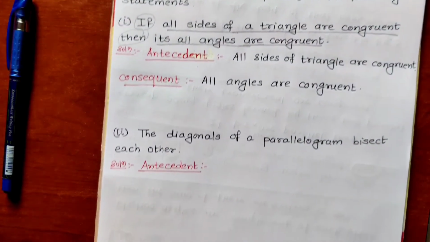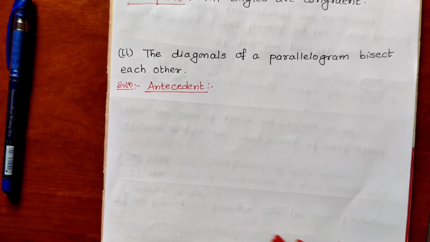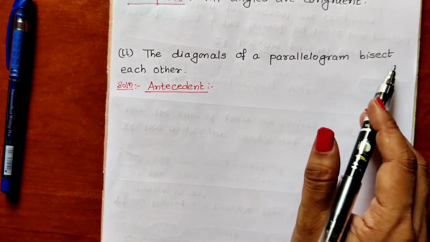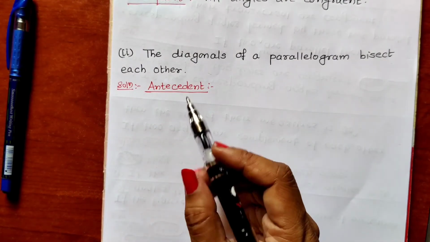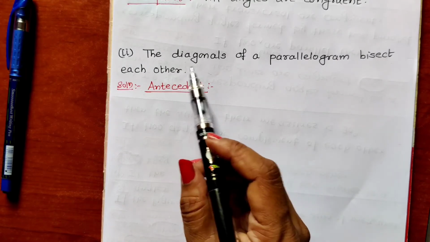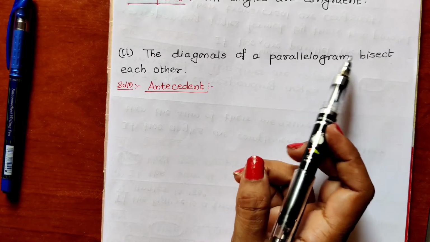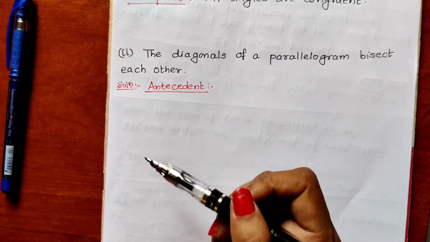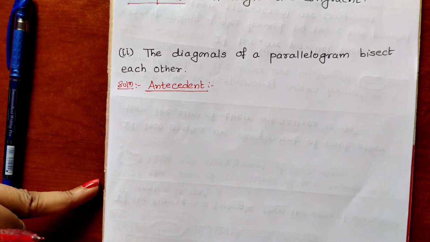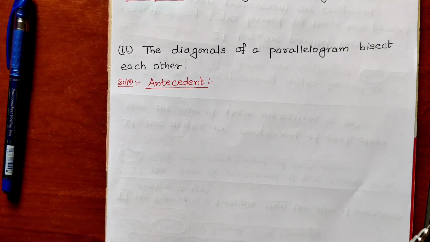Now let us see second sentence. The diagonals of parallelogram bisect each other. Diagonals of what? Parallelogram. And what is the property? They bisect each other. So how to recognize which is the antecedent and which is the consequent? Because if and then, these two words are not given in this sentence.